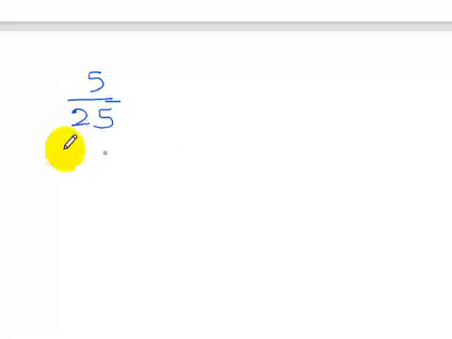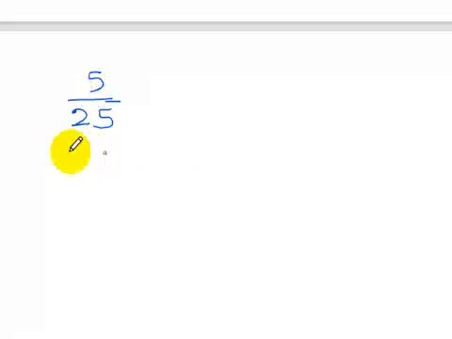Here the denominator is not a power of 10. So when you are given this type of fraction, you should try to convert the denominator into a power of 10. Power of 10 means either 10 or 100 or 1000. Here you can't convert this 25 into 10. Then you should try the next one, 100.